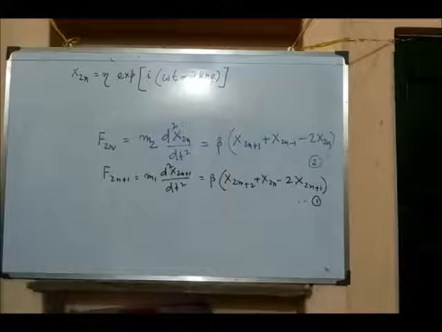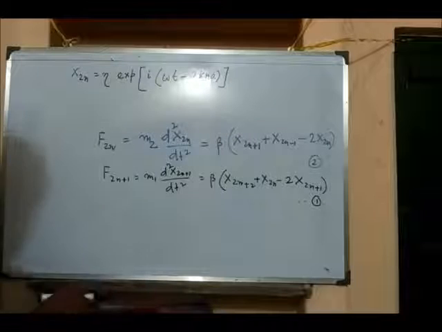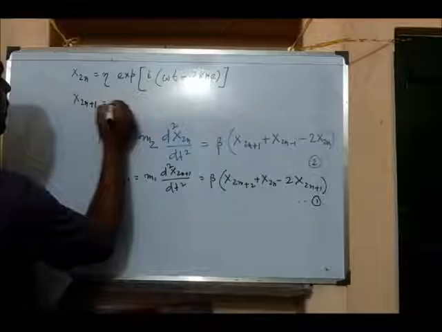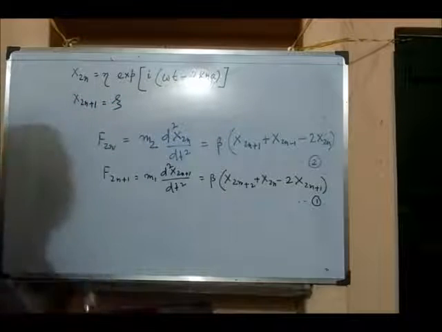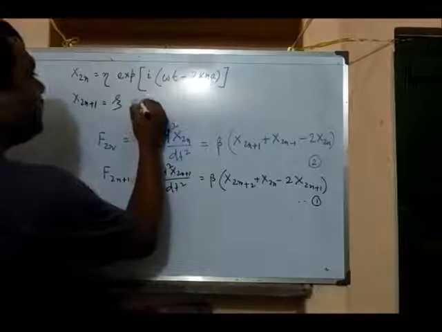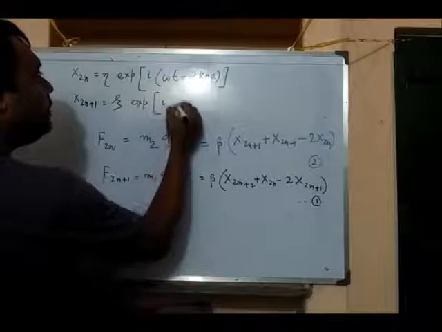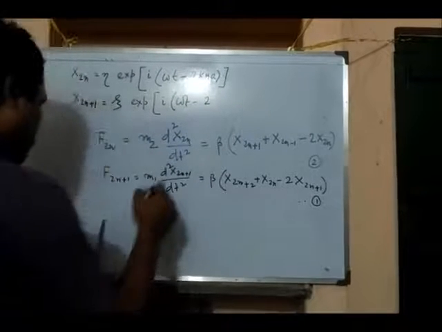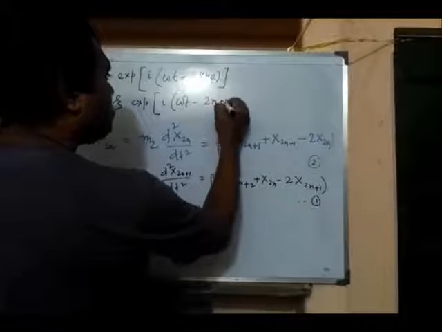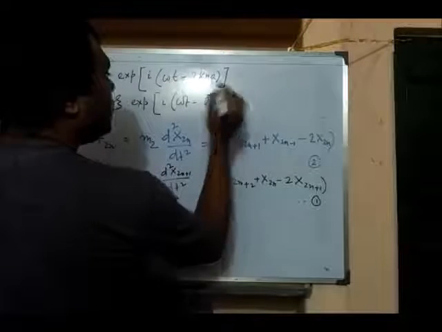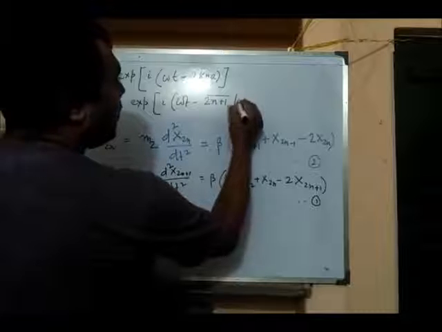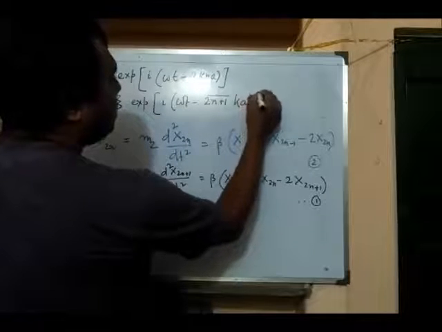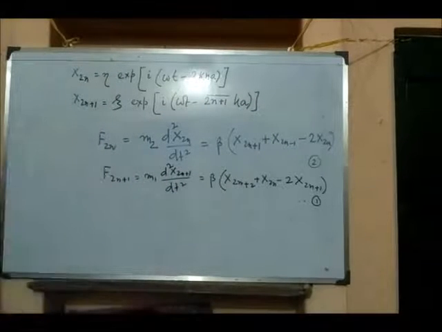Now for odd atoms, that means x_{2n+1}, psi is the amplitude: psi exponential i (omega t minus (2n+1)ka). Right?